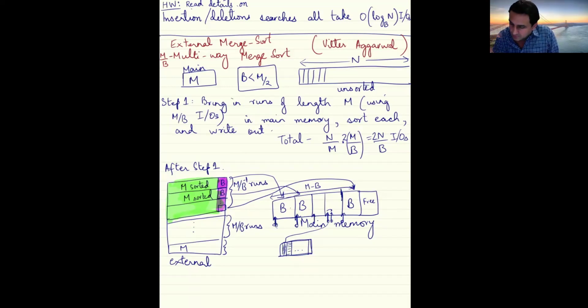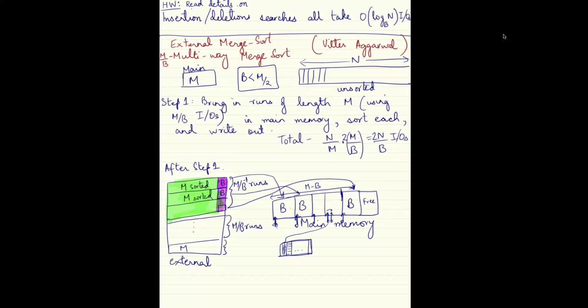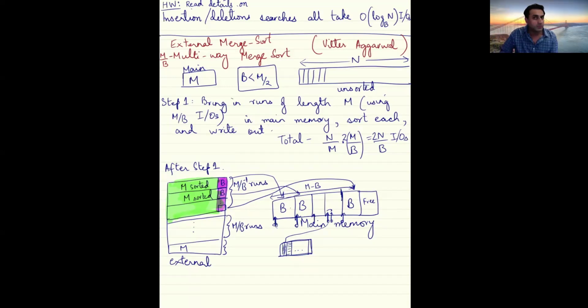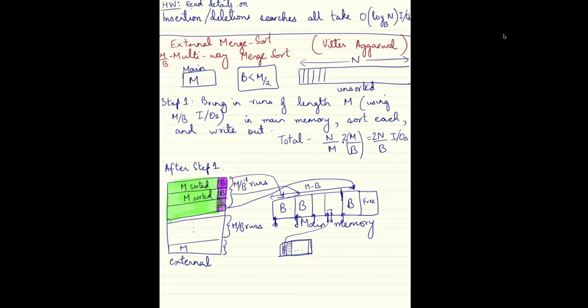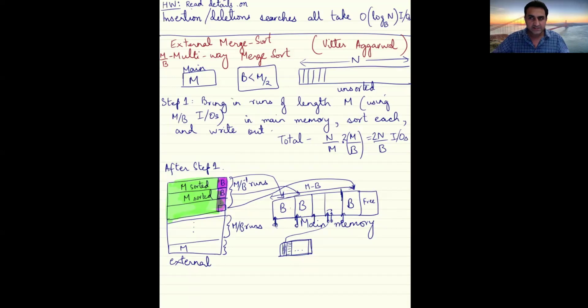Also, if you were actually implementing this, would this be like a recursive algorithm where the base case is the first step where we only did size m runs? No, actually, this is the algorithm.